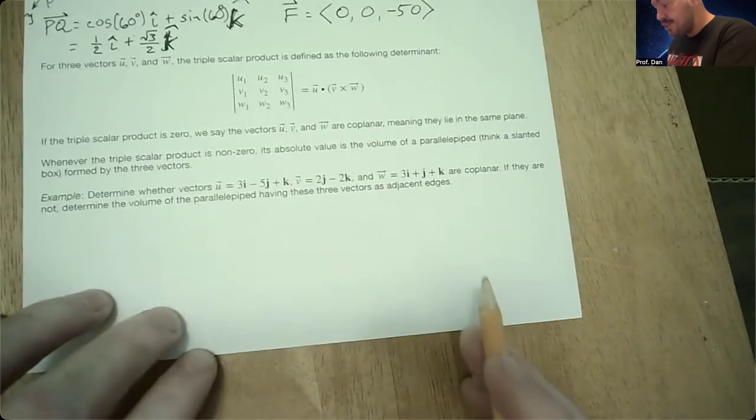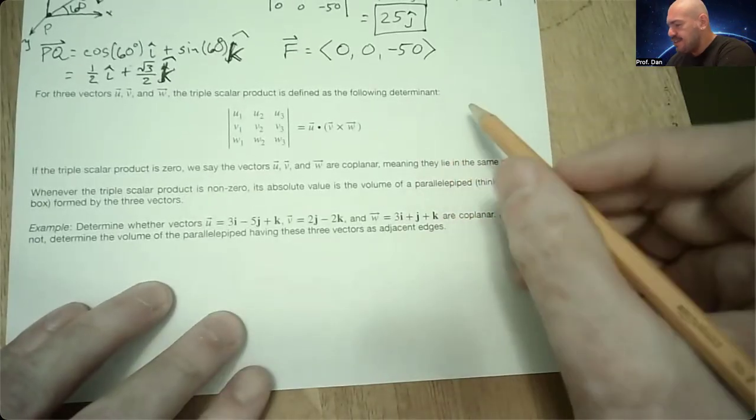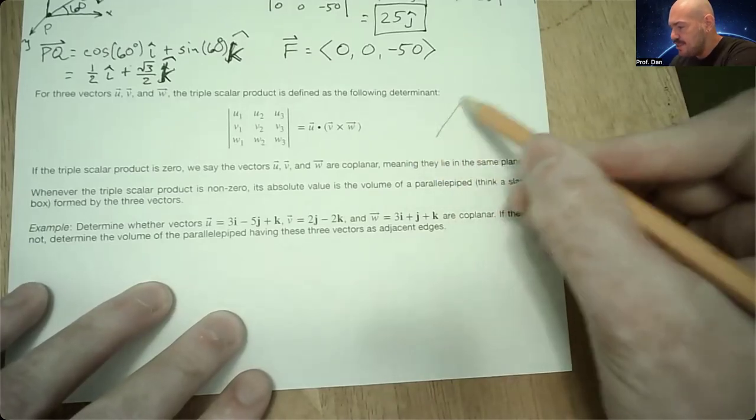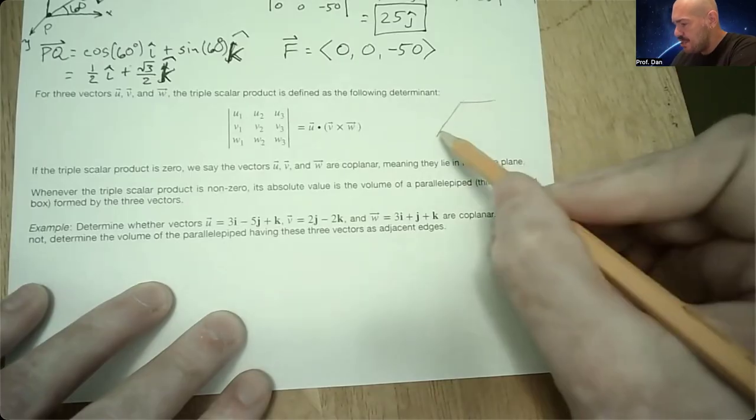Is that even English? Yeah. So a parallelepiped is basically like a rectangular prism or a box if it were slanted. So think of it as a prism whose faces are all parallelograms.